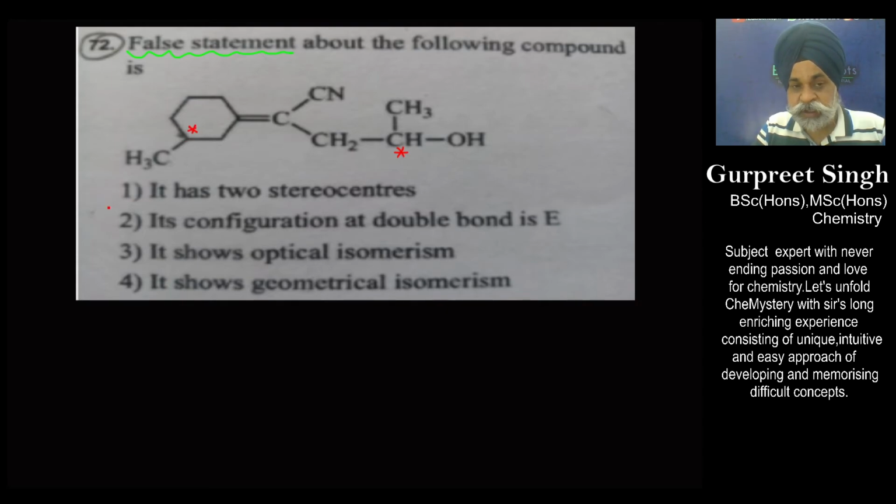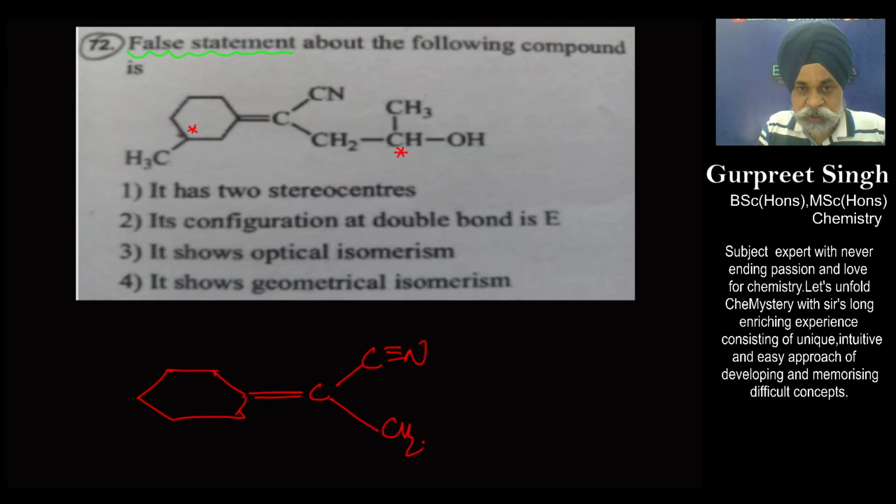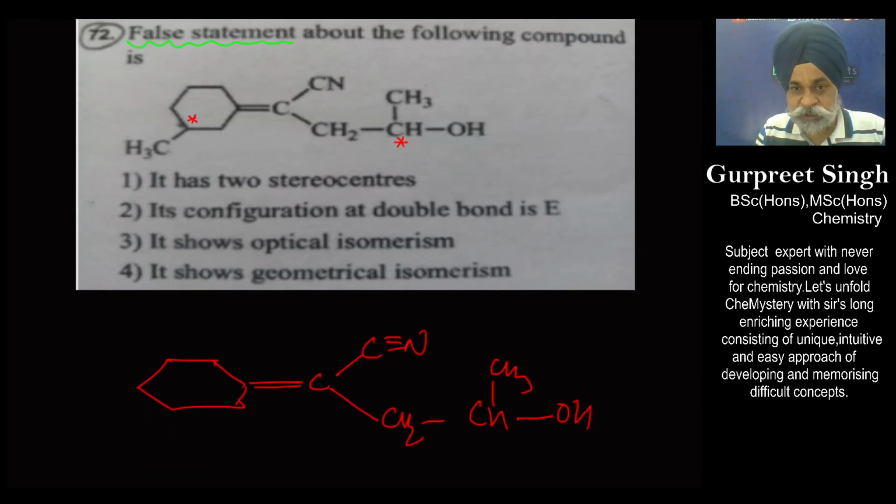If I draw it like this, you can figure it out better: this is the compound, this is CN, and this is CH2CH3OH. So you need to first evaluate the stereocenters.